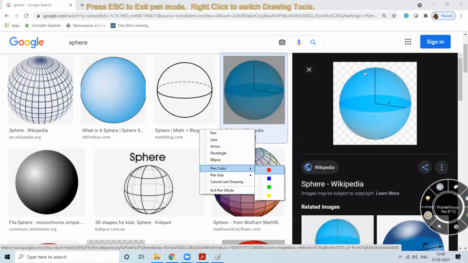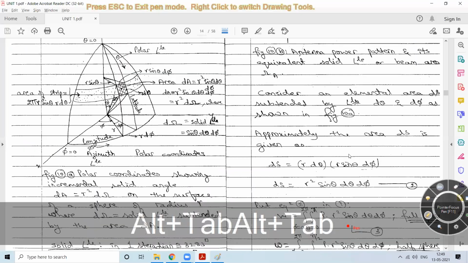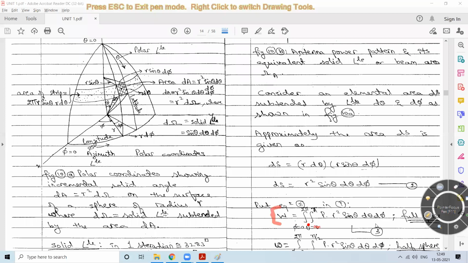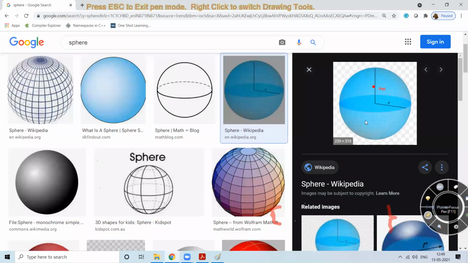If I consider the entire sphere, that is the full sphere, for the estimation of this power, then the angle theta, which is the elevation angle, will vary from 0 to pi. So it will be 0 degrees to 0 to pi radians. And what about the phi variation? Phi will be varying from 0 to 2 pi.